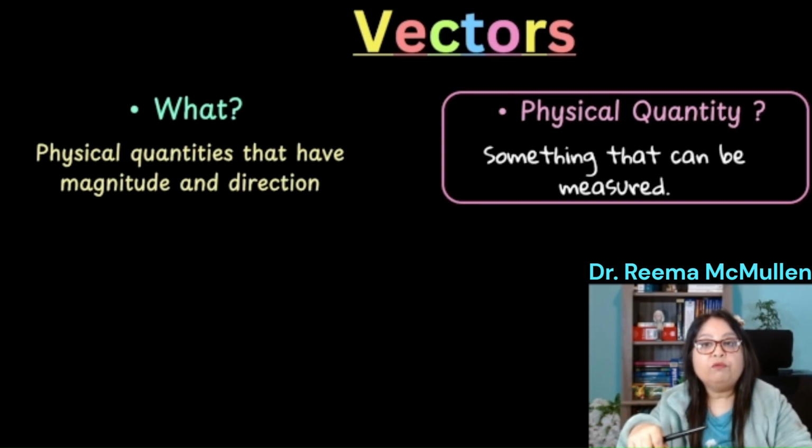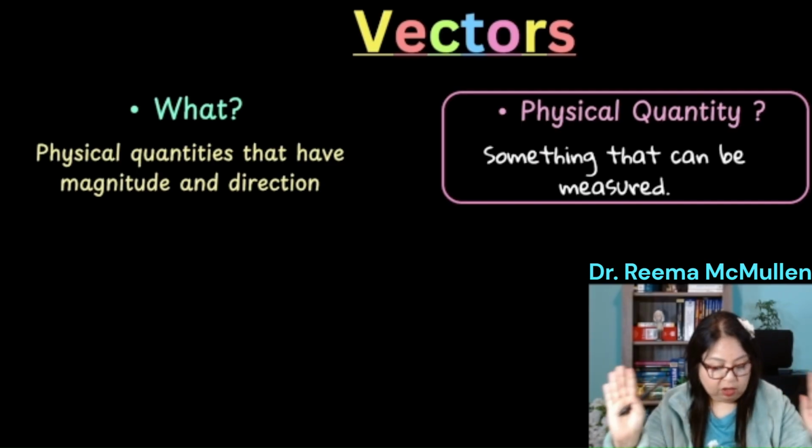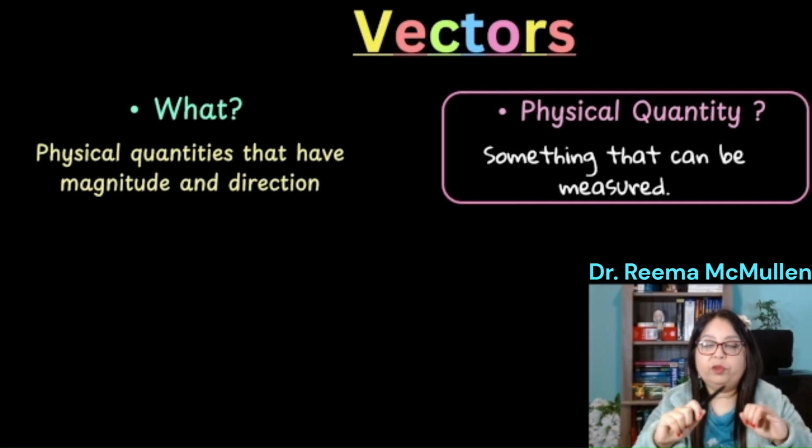And in general, physical quantities are of two kinds, scalar and vector. So this chapter is devoted to vector quantities. All right. So hopefully now we all know what's a physical quantity. That is something that can be measured. How many kinds of physical quantities are there in general? Scalars and vectors.